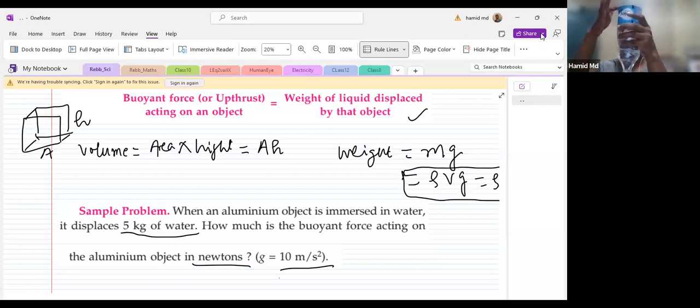If you cut the upper part, it will get some air, so it will go down easily. So do the experiment with a transparent tank. Okay, sir. Thank you.